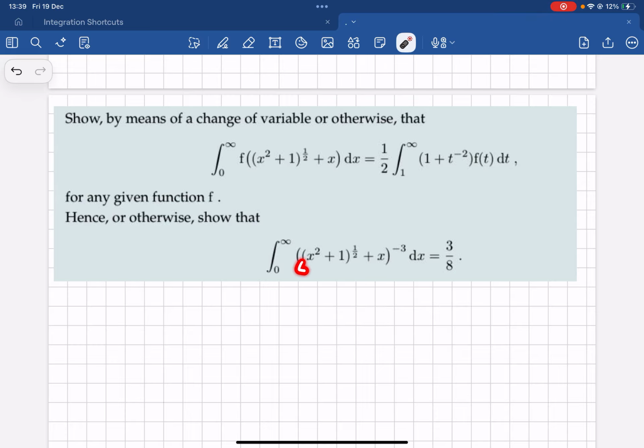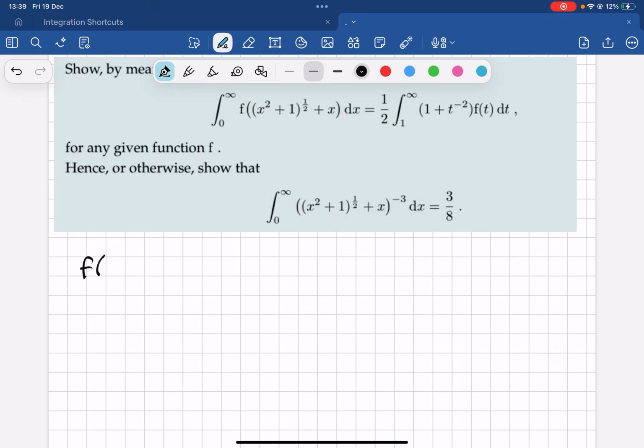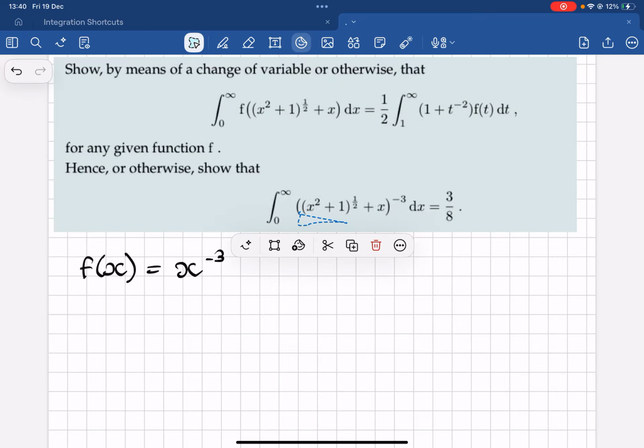Well, here we've got the same here, the same here. The only difference is the minus 3. So we can say f of x equals x to the minus 3, where x is all of this bit here.